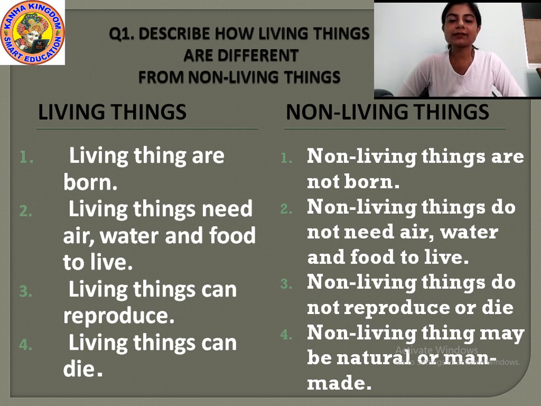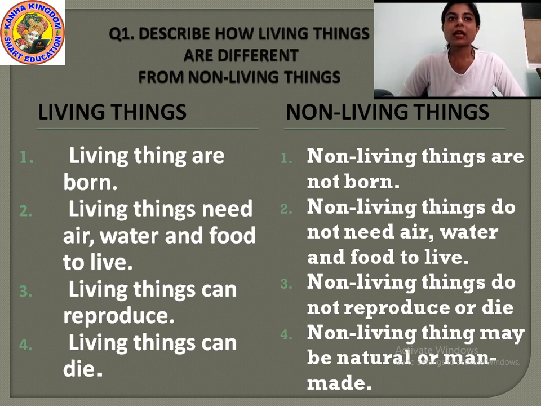First, living thing. Living things are born. Non-living things are not born. Number 2. Living things need air, water and food to live. Non-living things do not need air, water and food to live.